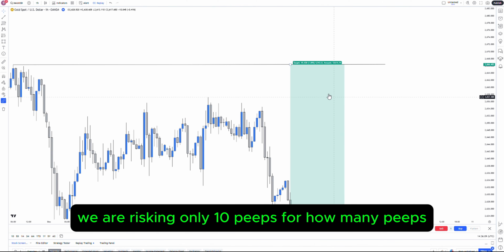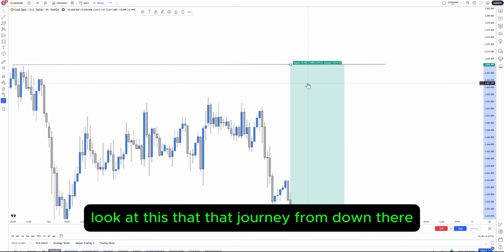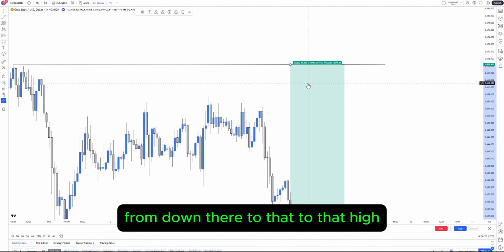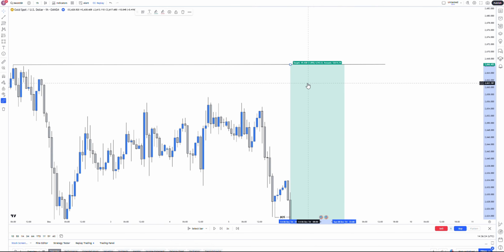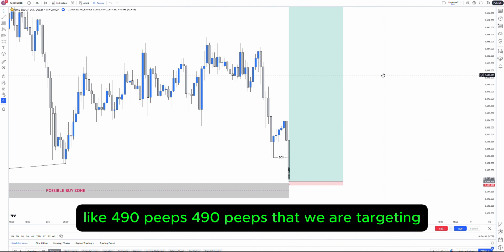For how many pips? Look at this journey from down there to that high, like 490 pips. 490 pips that we are targeting.